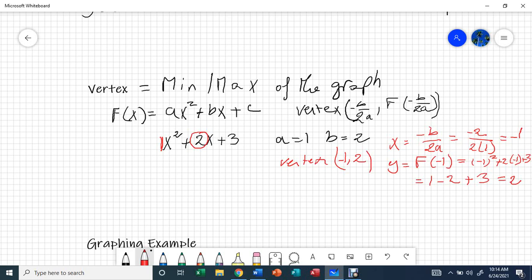Okay, so let's do the other example, which is f of x equals negative 3x squared minus x.